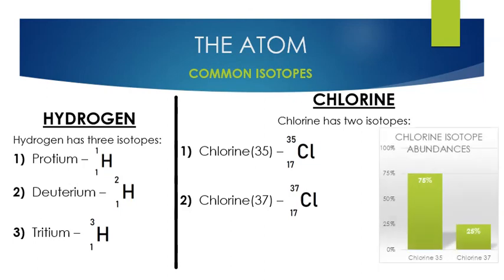So they found that chlorine 35 has the abundance of 75%, while chlorine 37 has got the abundance of 25%. And what did they do now to get the mass? They simply multiplied the atomic masses of each of these isotopes by their percentage.